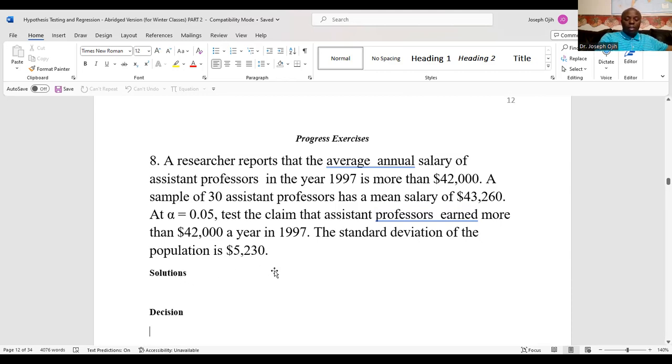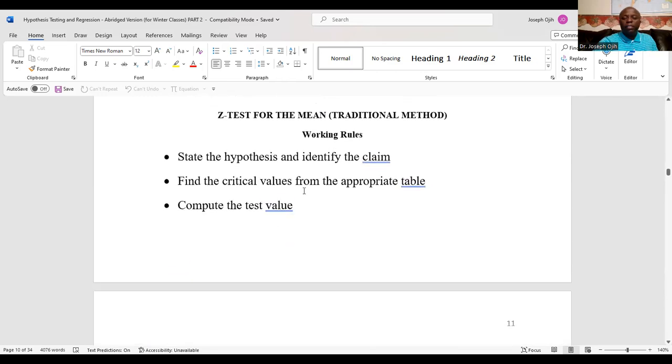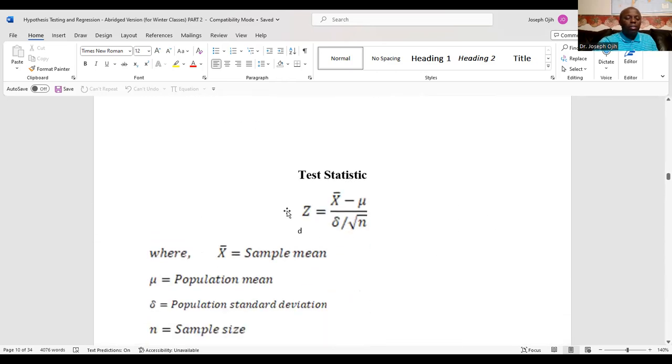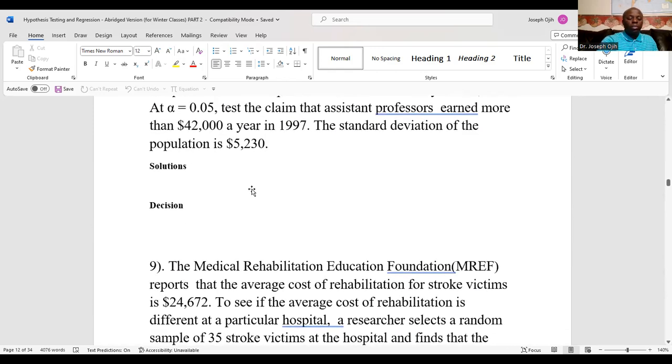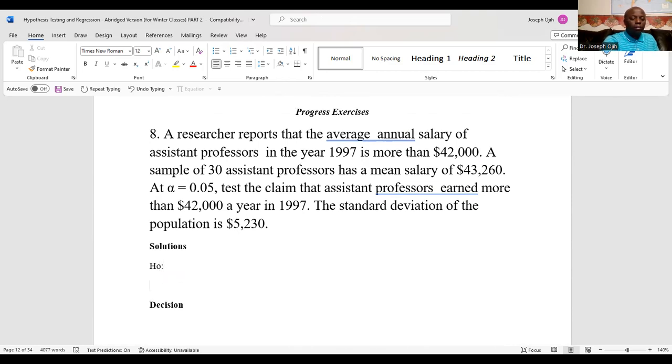So to solve this, remember the rules. The rule says, state the hypothesis and identify the claim, then find a critical value. So now the solution will say, let's state the hypothesis. This researcher claimed that the average salary of assistant professors in 1997 is more than 42,000. So we're going to have H0 and H1.